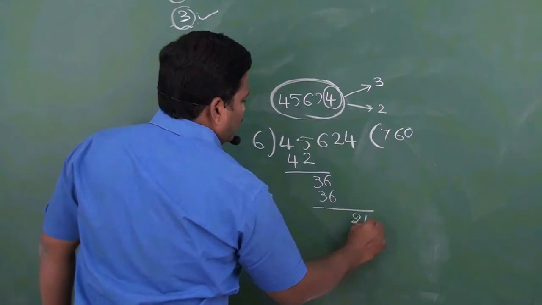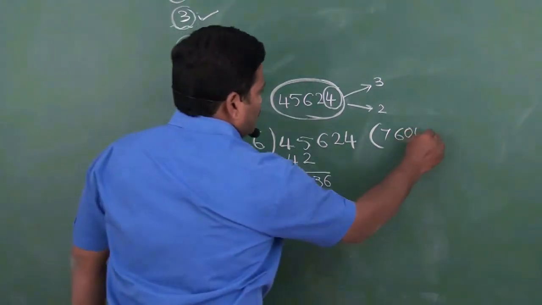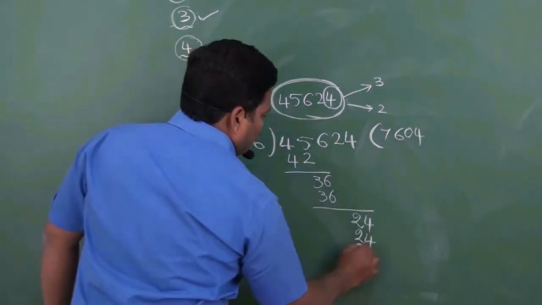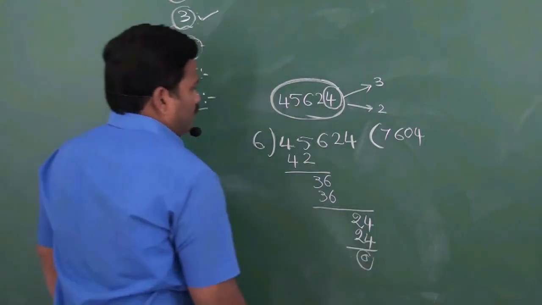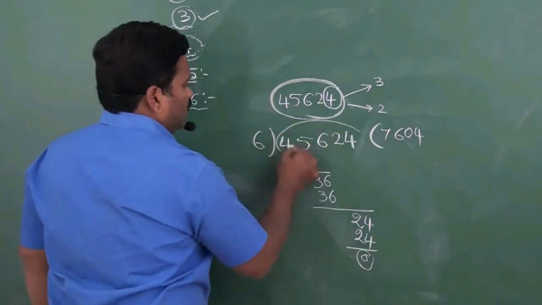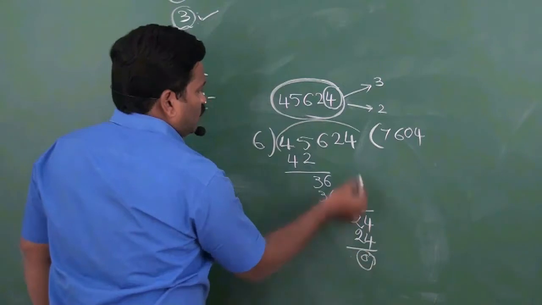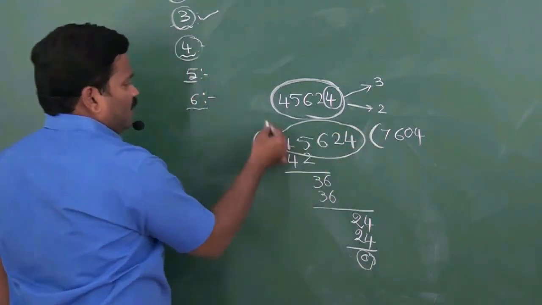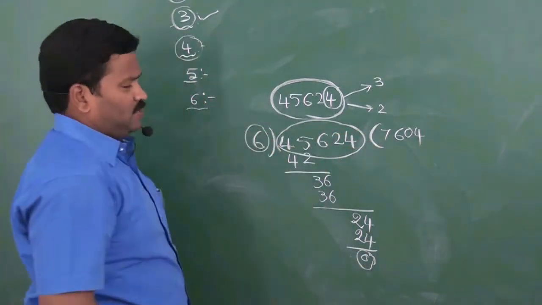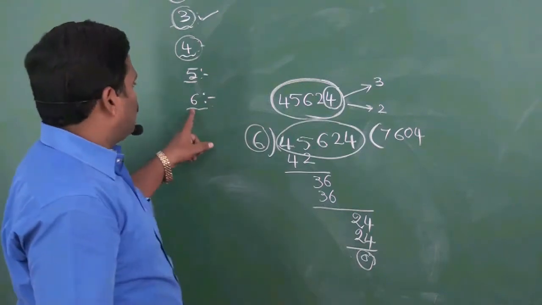Take 0, then take 6 4s are 24. The remainder is 0. Therefore, since we get 0 as a remainder, this entire number is divisible by 6. This is the divisibility rule of 6.